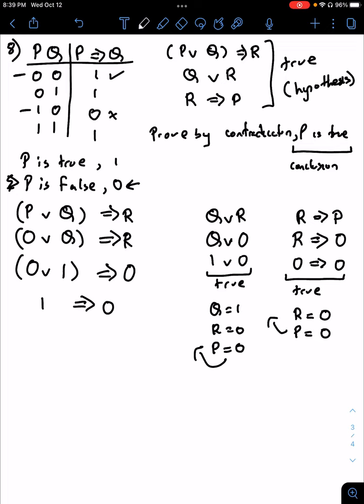No, it's not. The only time the OR table is false is if the... Oh, wait, how do I explain this? One implies 0.